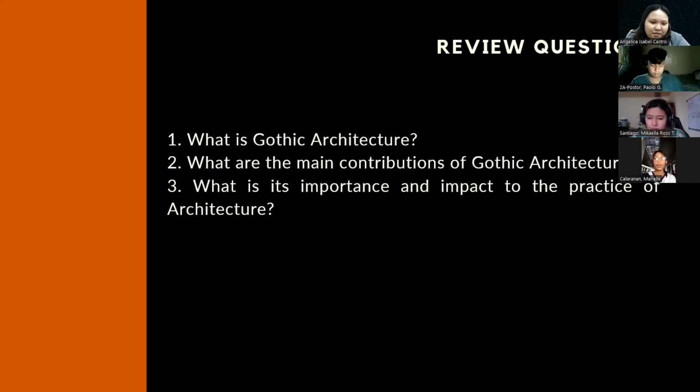Gothic architecture po, dito po yung may flying buttress po and piers. Yung flying buttress po, inalaw po niya yung Gothic architecture para magkaroon po ng more lightning na papasok.